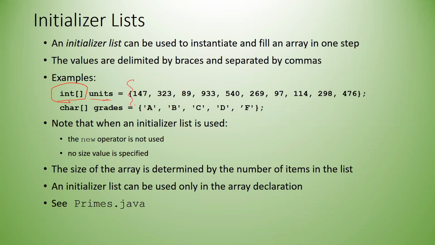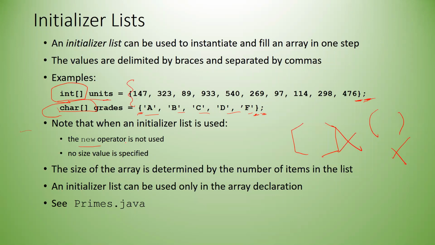So curly braces, notice, that's the curly braces. Separate the values with a comma, followed by a semicolon. Look at this: that's the data type, array, curly braces, semicolon, and individual characters separated with a comma. That's called an initializer list.